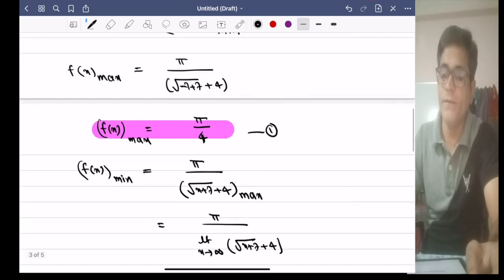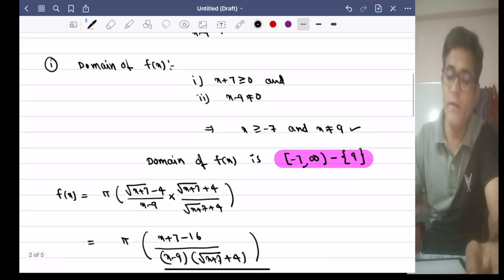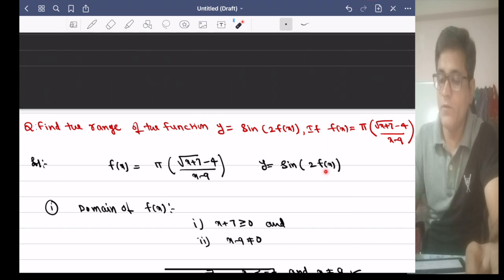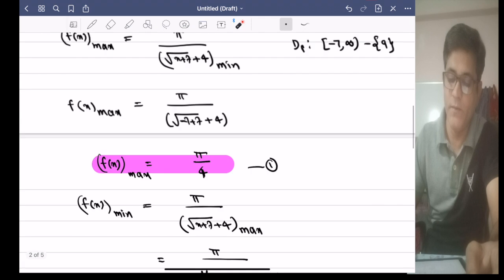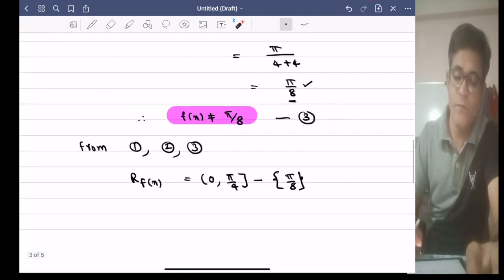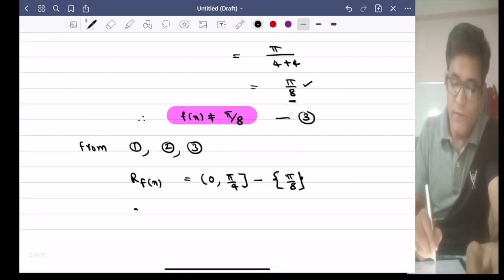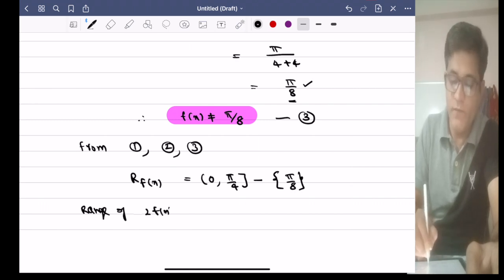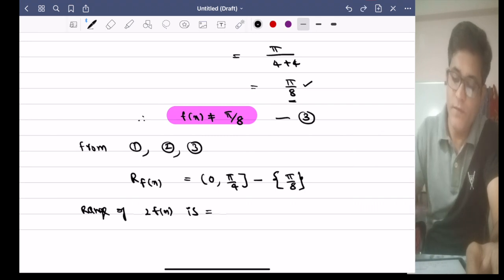Now come to the question. We need to find the range of sine of 2 times f of x. So we got the range of f of x. Now we will find the range of 2 times f of x. Just multiply each value by 2.